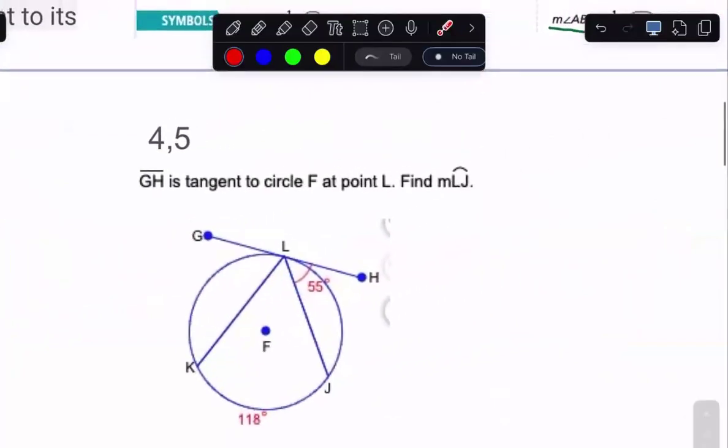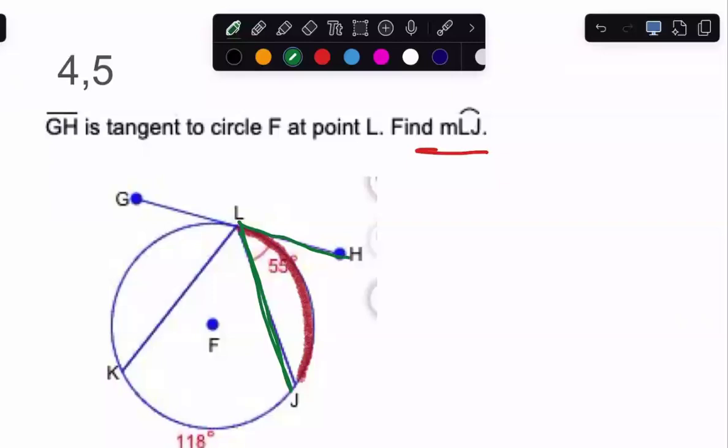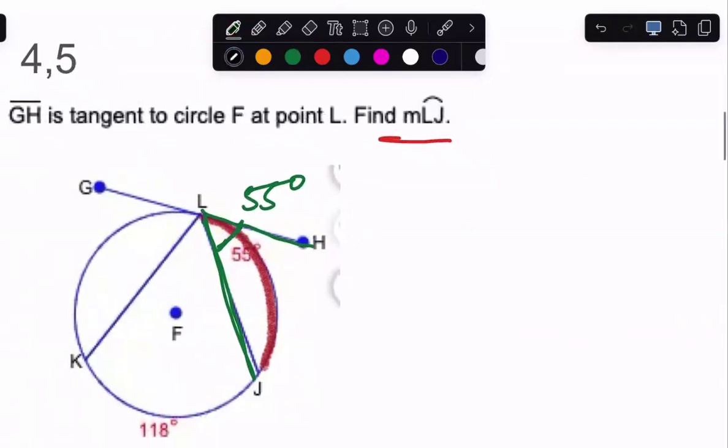4 and 5 say GH is tangent to circle F at point L. Find arc LJ. So arc LJ is this arc right here. I know that the angle that's given, JLH, is 55 degrees. The relationship between the arc and the angle is that the arc is twice whatever the angle is. So the measure of arc LJ is twice angle JLH.